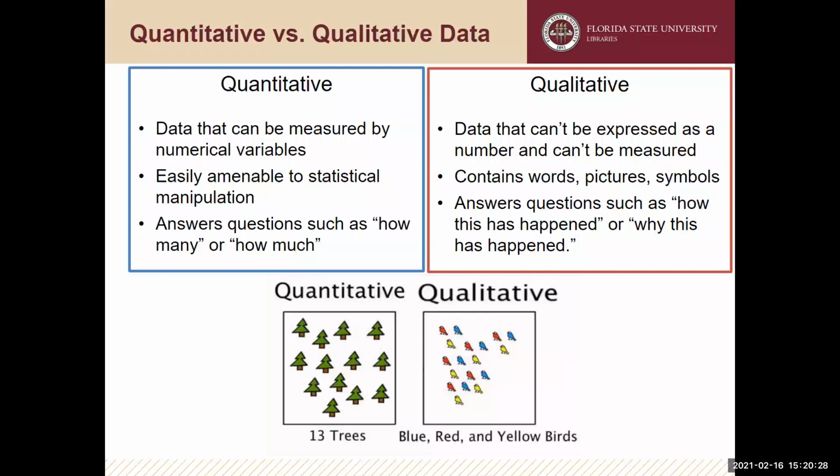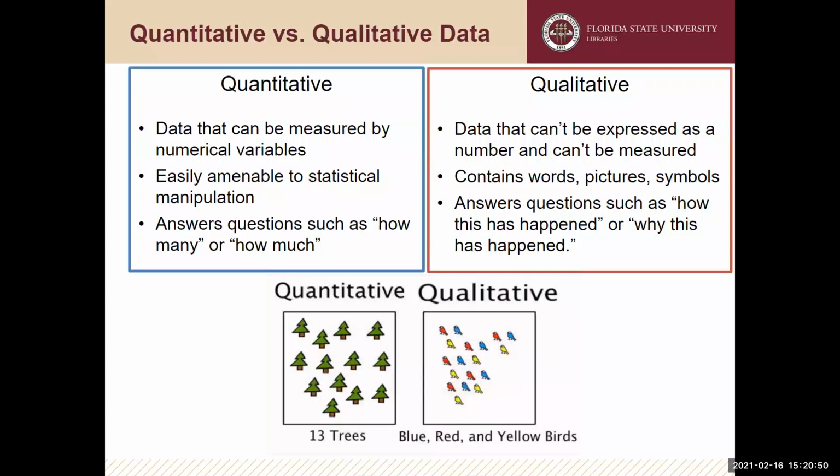It often contains words, pictures, symbols. So if you see text data in a spreadsheet, or if you see interview responses, that's often thought of as qualitative data. This answers questions such as how something has happened or why something has happened.